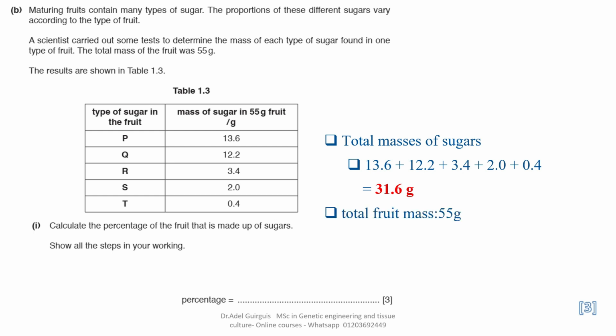So, total fruit mass equal 55 gram of fruit. Okay? What about the percentage of this sugar in relation to the fruit? So we have to divide 31.6 divided by 55 times 100 equal 57.5%. Okay? This is the percentage of sugars present in 55 gram of fruit.